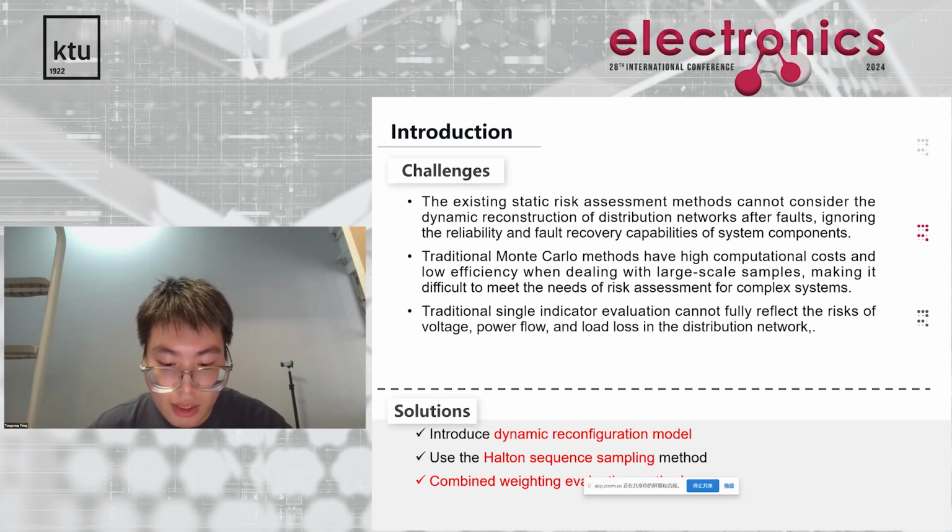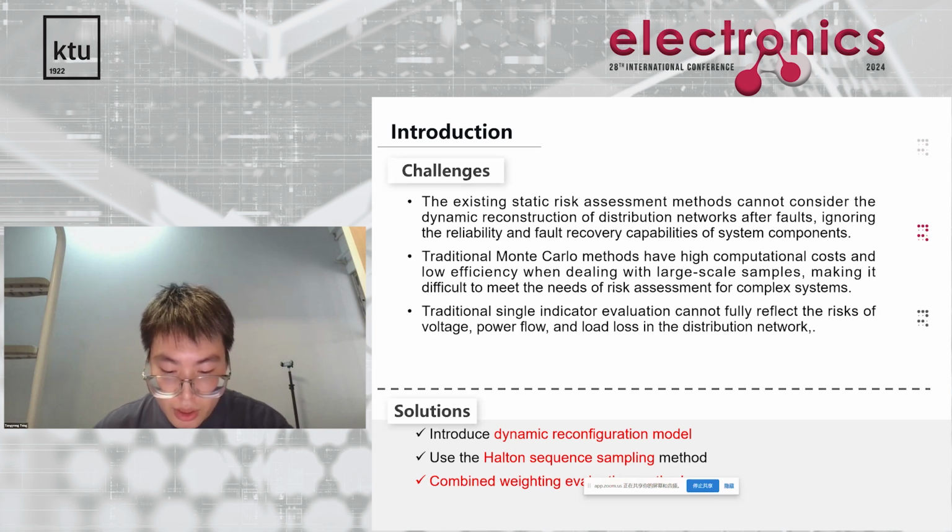First, the existing static risk assessment methods cannot consider the dynamic reconstruction of the distribution network after faults, ignoring the reliability and power recovery capability of system components.